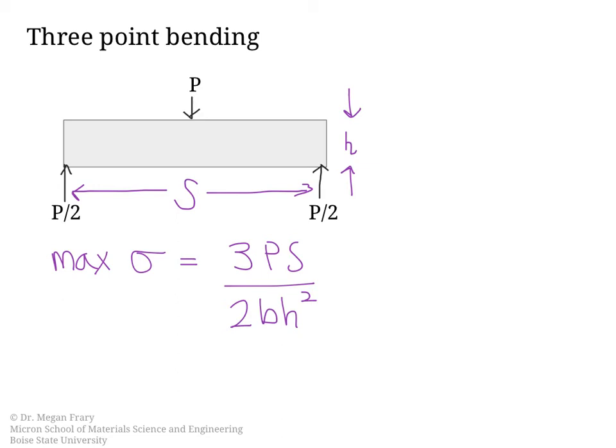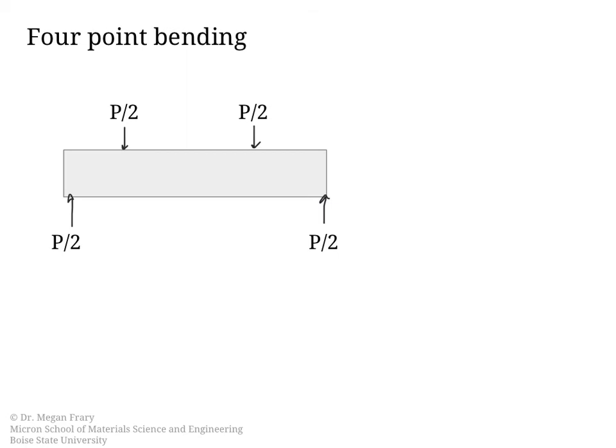Let's take a look at the equation for 4-point bending. Here's the geometry of 4-point bending. It's a little bit different than in 3-point bending. We still have half of the load supported at each of the ends, but in contrast now, the load on the top side of the beam is distributed in 2 different points.